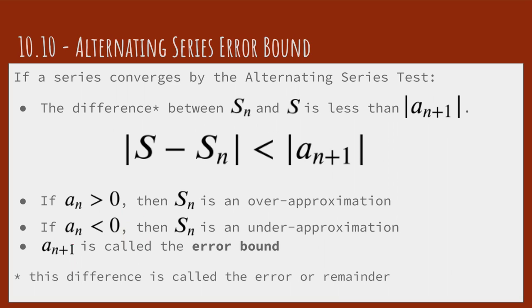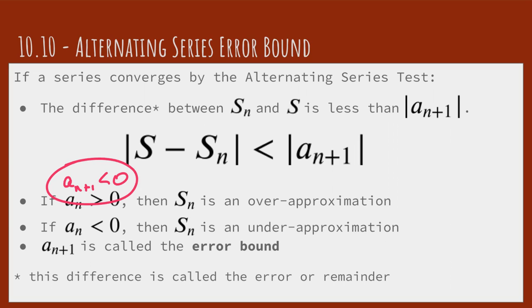So not only do we know a bound on the error given by the n plus first term, the magnitude of the bound, we also know if it's going to be a little bit too big or a little bit too small. We could alternatively think about this: instead of saying the nth term is positive, we could also say the n plus first term is negative. So if the next term is negative, that means the approximation that we're dealing with is a little bit too big. So it's an over approximation.